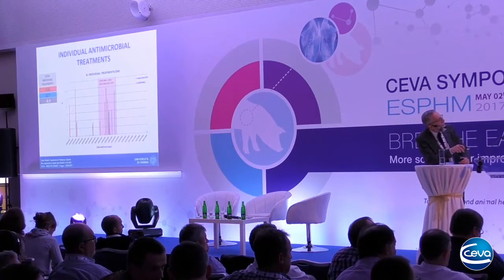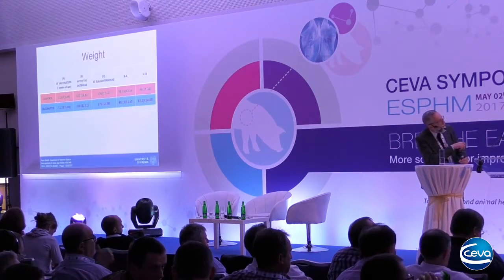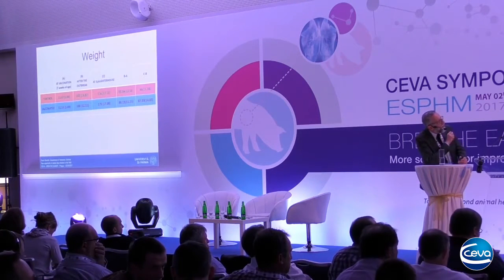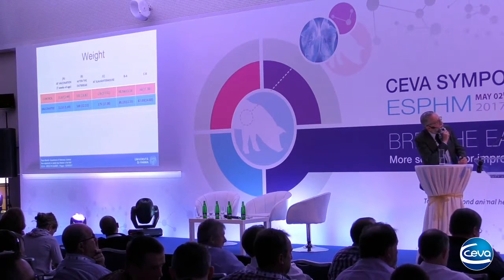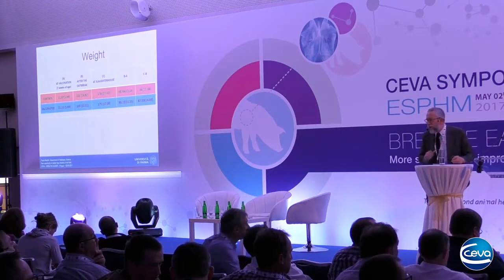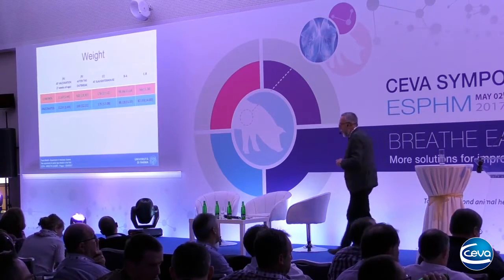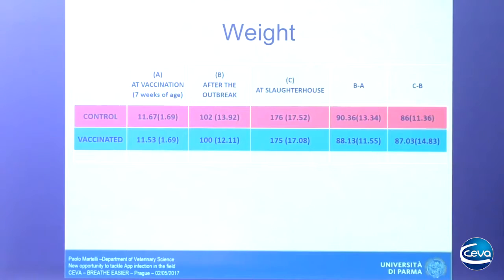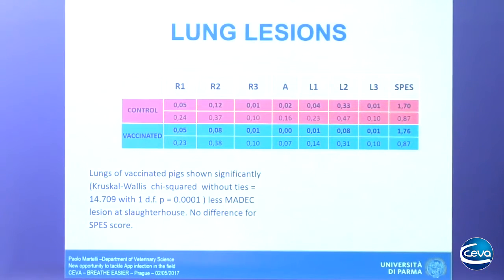But it will be shown later in the return on investment. We had no statistically significant differences in terms of weight gain in the two groups, in the control and in the vaccinated.